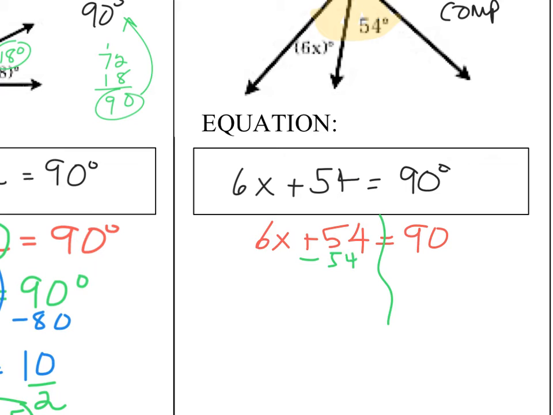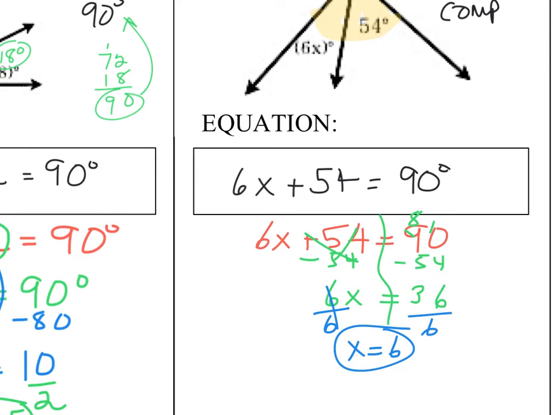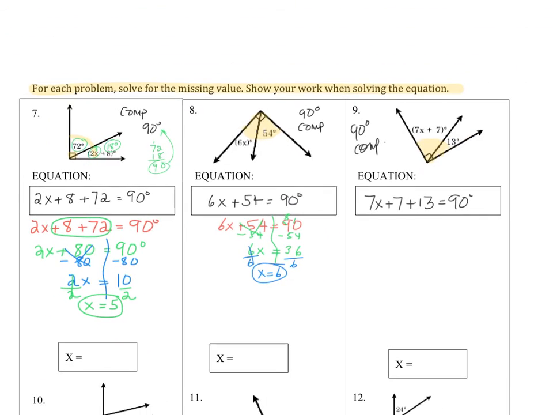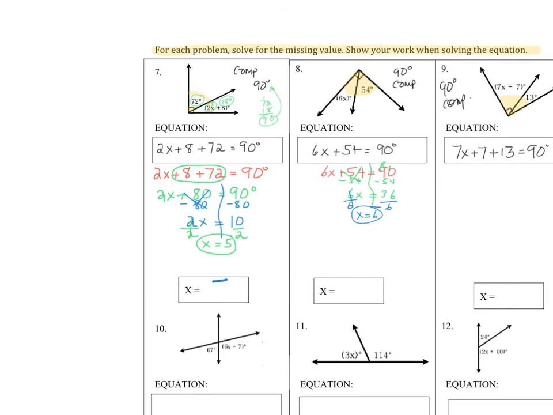Subtract 54, subtract 54. 6x equals 36. Divide by 6, divide by 6. X equals 6. Oh, I'm going to put my answers here. 5, 6.